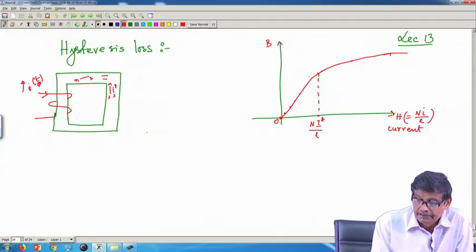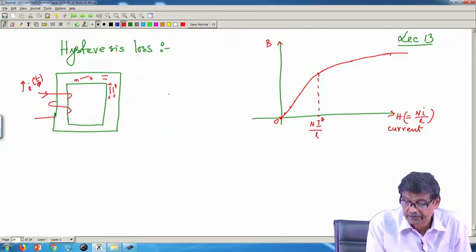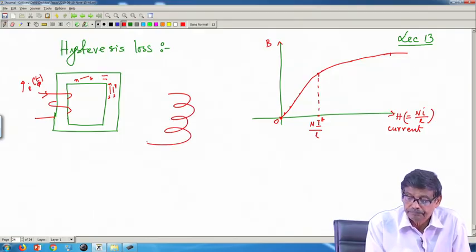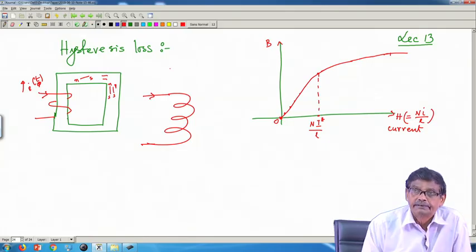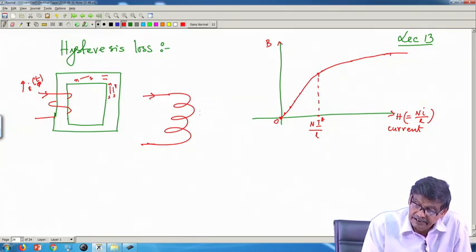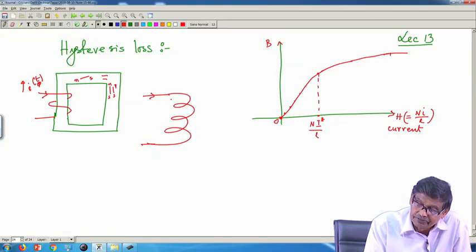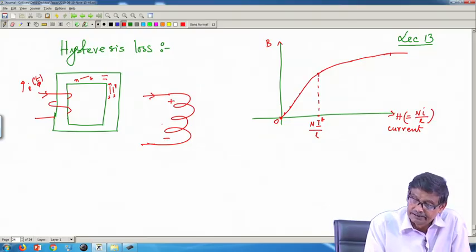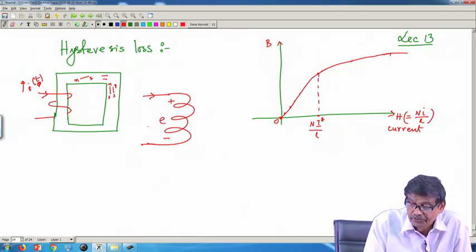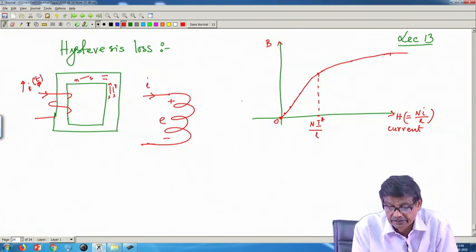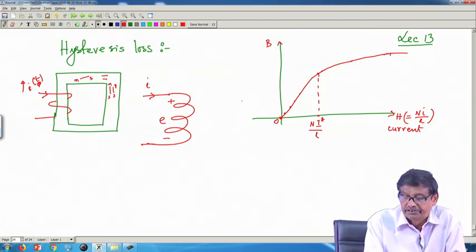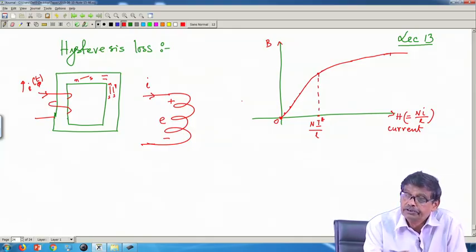The answer is yes. See, because of the fact this is the coil, I am increasing the current here. Therefore, flux linking with the coil is changing, gradually increasing. Therefore, it will become a seat of EMF just like transformer, plus minus E, and it will try to oppose the cause. What is the cause? Because current was increasing. So, its polarity will be such that if this induced voltage is allowed to act, it will try to reduce the value of the current.